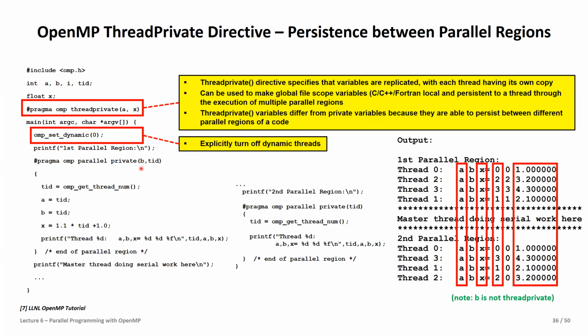This is not the case, and that's why it's here in the example, for private variables. Threadprivate is different from private that you see here as B, right? So we specify here the parallel region within a parallel area, and so essentially saying that here B is just a private variable, not threadprivate.